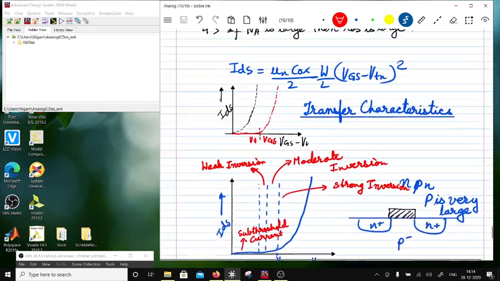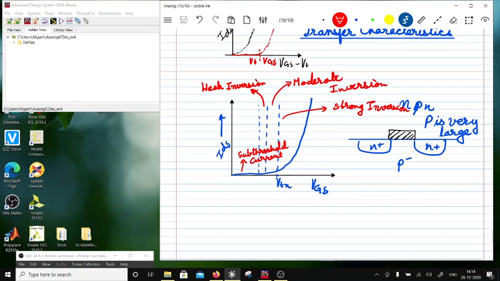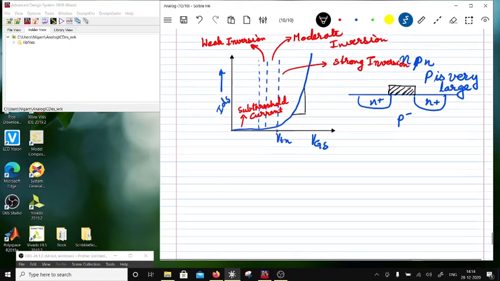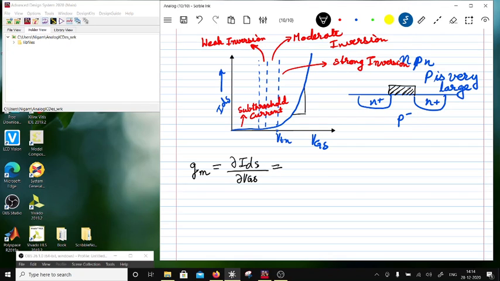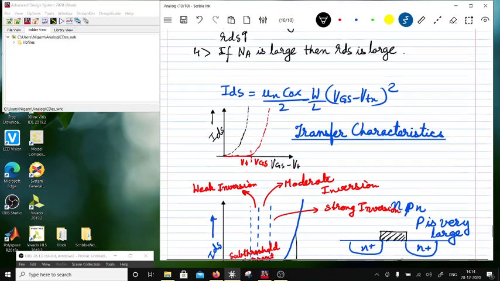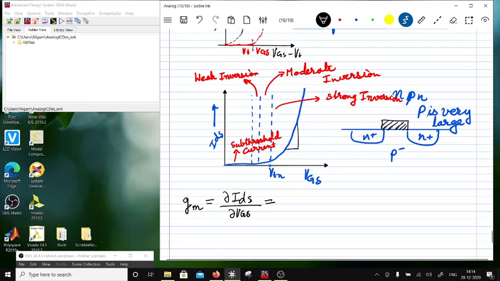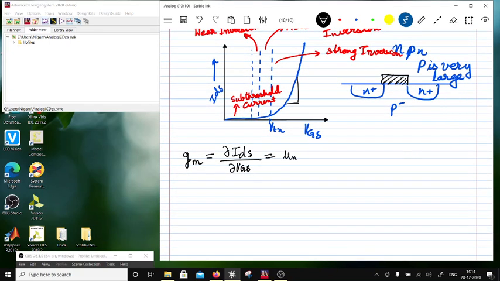Now, what do we extract from this transfer characteristics, right? So if I take this slope, okay, so this slope will be dou IDS over dou VGS. This will be equal to the GM of the device, or transconductance, or the slope is the transconductance. So you just take this, and if you differentiate with respect to VGS, your answer would be mu n COX, 2 will go away, W by L into VGS minus VT.